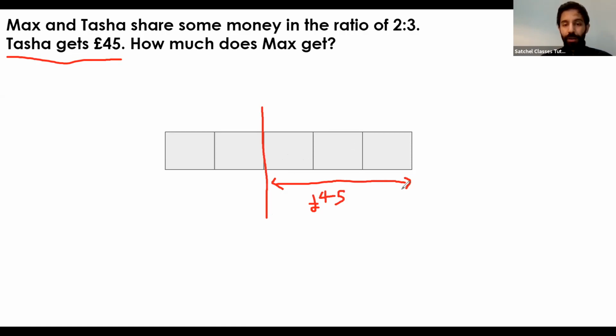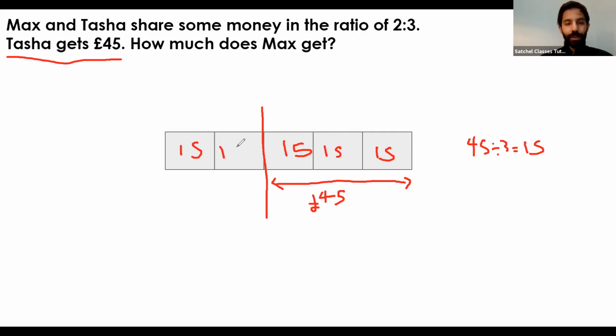So 3 parts is equal to £45. 1 part has to be 45 divided by 3, which will give us 15. So here we can see we have 15 here, 15 here, and 15 here. And 15 plus 15 plus 15 makes the 45 that Tasha received.